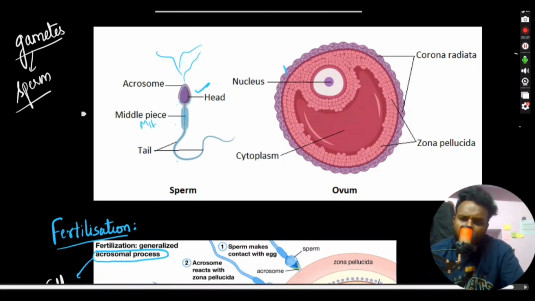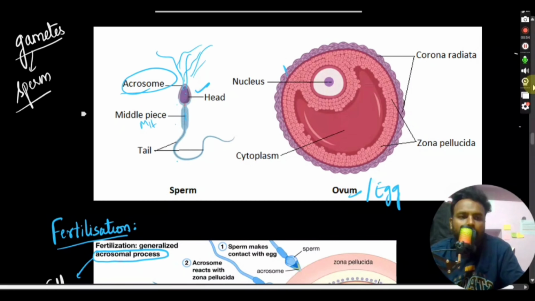For that the energy is given by the mitochondria, and the DNA is present here, right? This head part is called the acrosome, but no need to remember all those things. The female gamete is called ovum or egg. You can see that there is a nucleus and everything which is there in a cell, it will be there in the gamete.